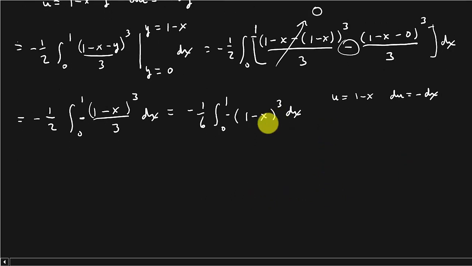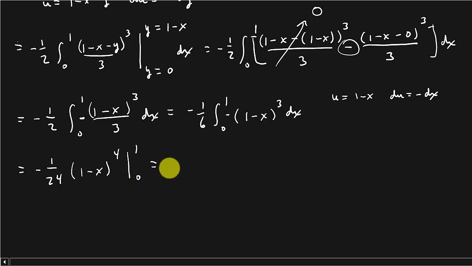And this is going to be 1/4 of 1 minus x to the 4th. So 1/4 times negative 1/6 is negative 1 over 24, times 1 minus x to the fourth, from 0 to 1.